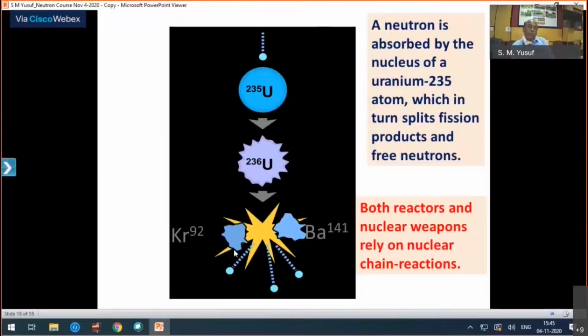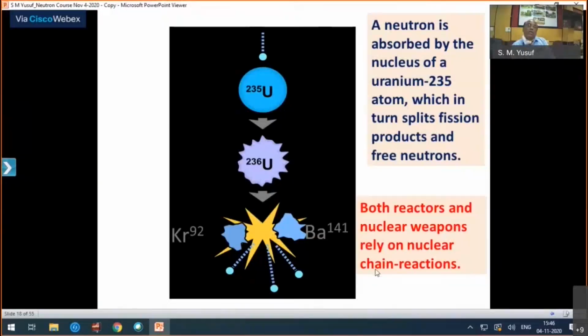Of course, these neutrons can also be used for nuclear weapon purposes. This is called a chain reaction. If you start with one neutron, you get 2.5 neutrons, so this nuclear reaction is self-sustained and fission is possible. That's why it's called a chain: once you start, it will keep going. Now the question is whether this chain reaction is under control or not.